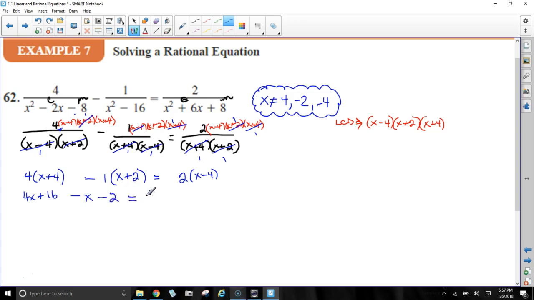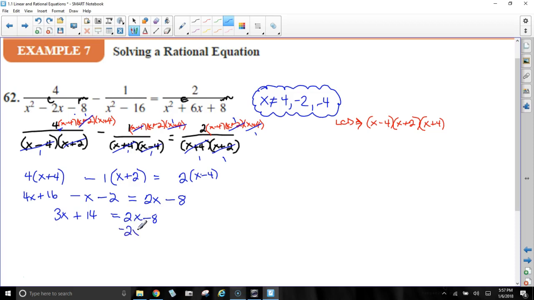And then running the 2 through, 2 times x is 2x, then 2 times a negative 4 is negative 8. Combining like terms, 4x minus x combined to give us 3x. 16 minus 2 is a positive 14. Bring down that right-hand side.